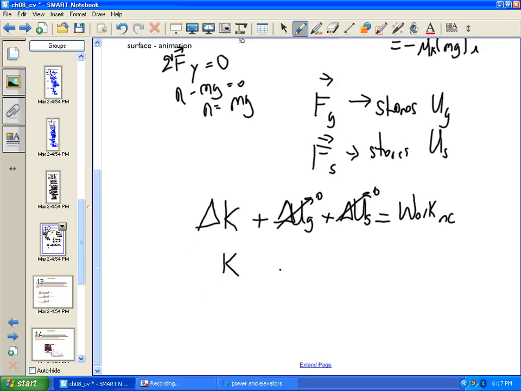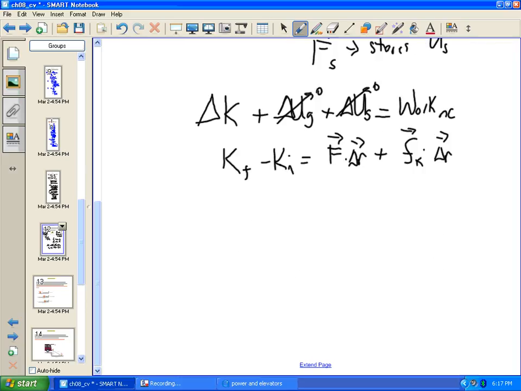So K final minus K initial, or KB minus KA, however we want to write it, it doesn't matter, is a result of the work done by F as the block is displaced delta R, plus the work done by F sub K as the block is displaced delta R. In other words, we have two non-conservative forces which are doing work on our mass.